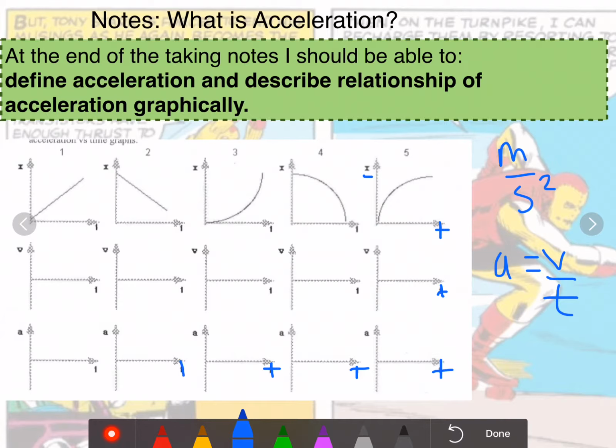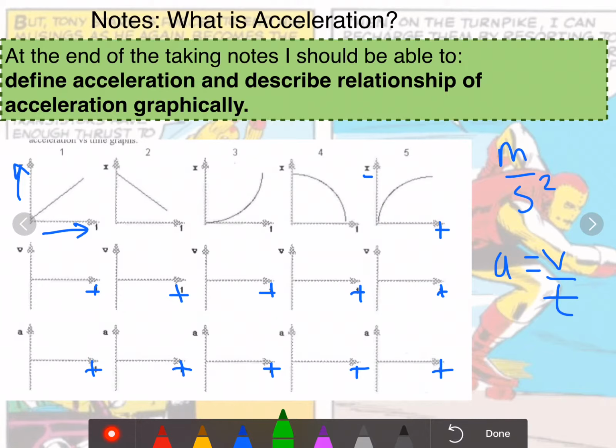It just didn't come out very correct there. So if the distance is increasing and the time is increasing, is our velocity going to be increasing or decreasing? Is it going to be negative? Is it going to be positive?